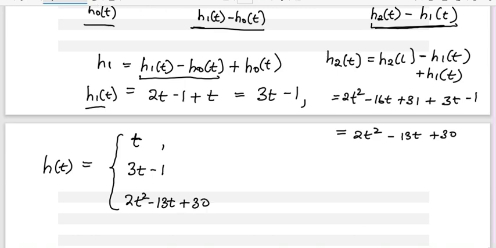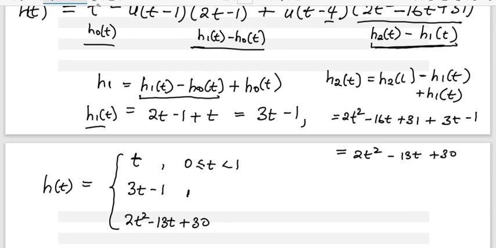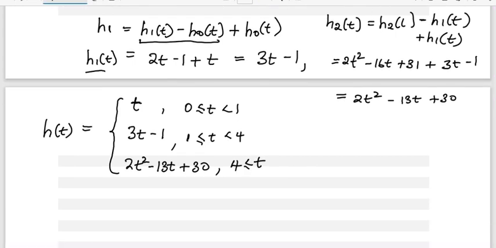And the shift here is at point 1, so this will be 0 less or equals to t less than 1. And here is at point 4, this will be 1 less than or equals to t less than 4. And for here, this will just be 4 less or equals to t. And this gives us back our piecewise function.